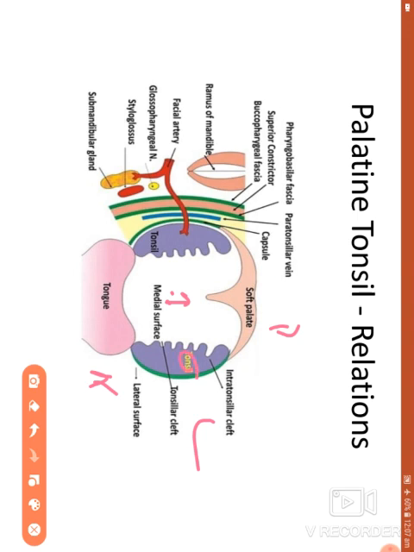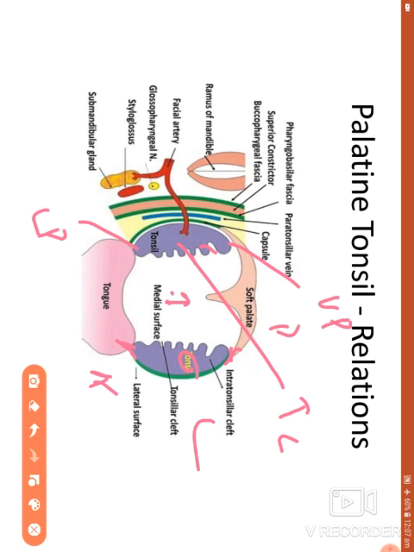The medial surface forms crypts, invaginations into the substance of the tonsil. These are the tonsillar crypts. This is the upper pole and this is the lower pole. The upper pole is attached to the soft palate. The lower pole is attached to the tongue, and the medial surface shows some crypts.